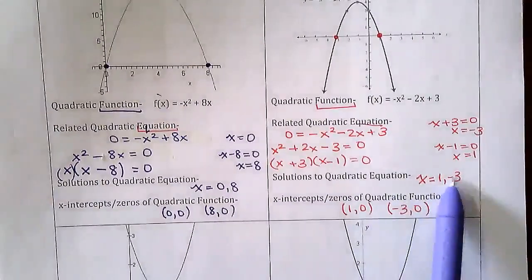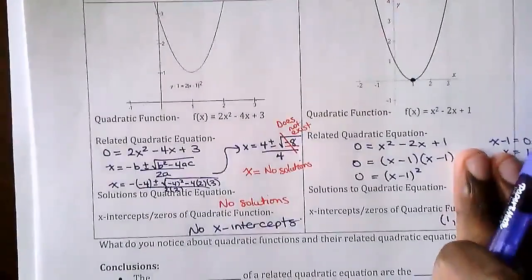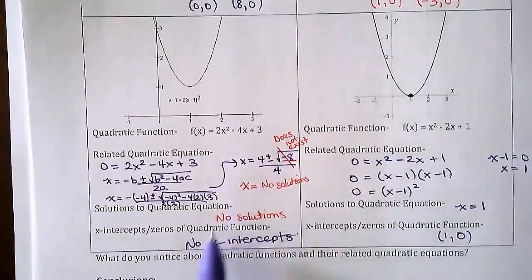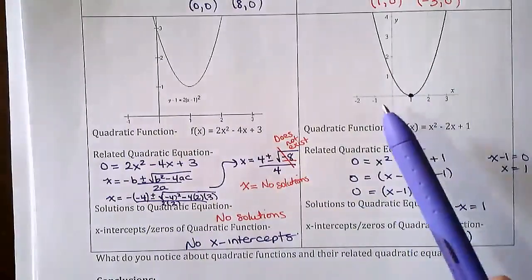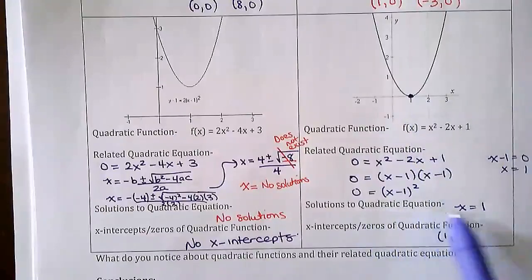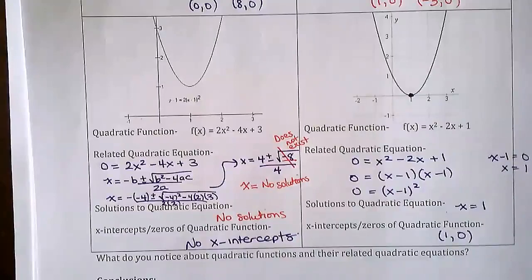Again, 2 solutions to the equation, 2 x-intercepts to the function. Here, there were no solutions to the related quadratic equation, and therefore no x-intercepts to the function. And here there was one solution to the quadratic equation, and therefore one corresponding x-intercept for the quadratic function.